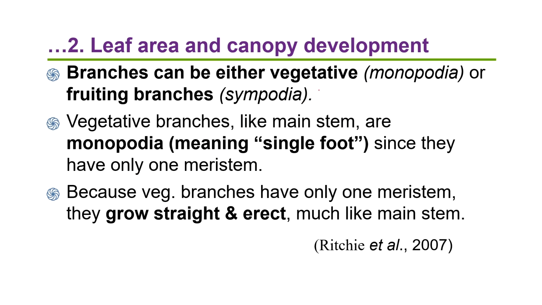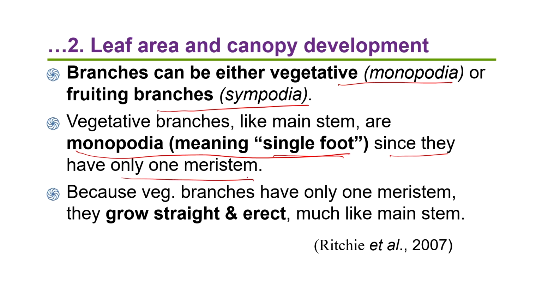Branches can be either vegetative, monopodia, or fruiting branches, sympodial. Vegetative branches like the main stem are monopodia, meaning single foot, since they have only one meristem. So there is no branching in them. Because vegetative branches have only one meristem, they grow straight and erect, much like the main stem.